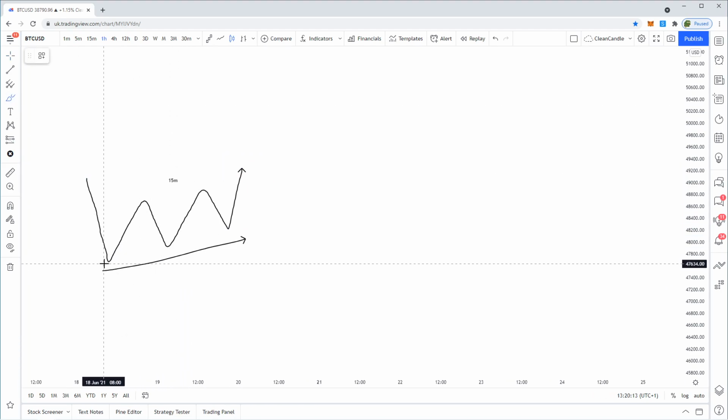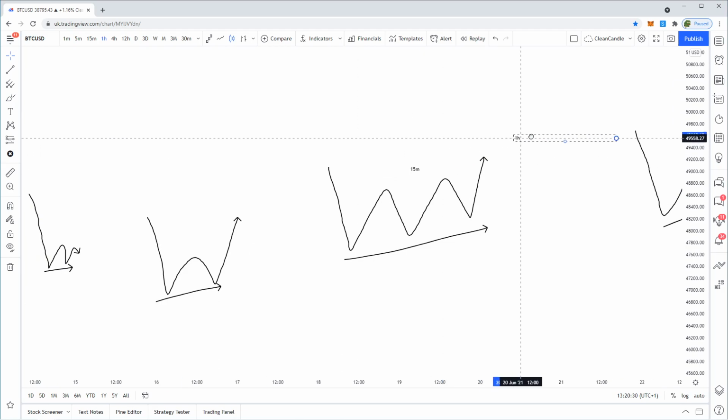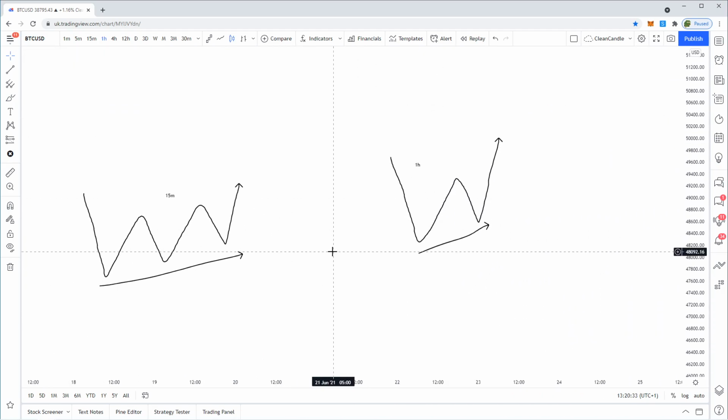If you've got a situation where you've got these kind of triple divs or a long period of time where you can clearly see that higher lows are being made, swap to a higher time frame, because I can guarantee you that a higher time frame will look like this. All right. So this is the reverse of that example we just looked at.